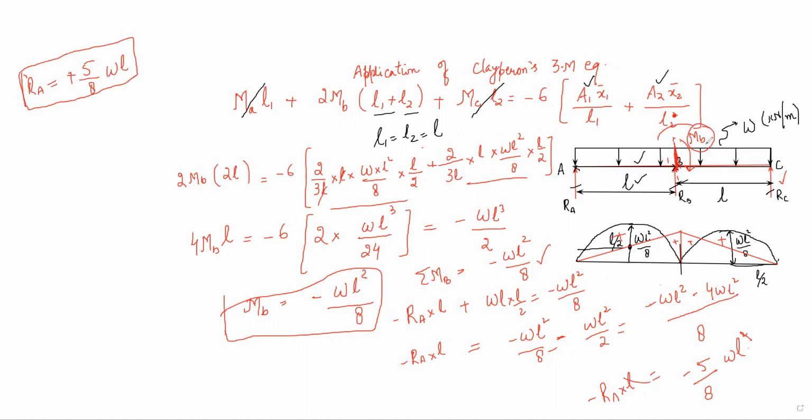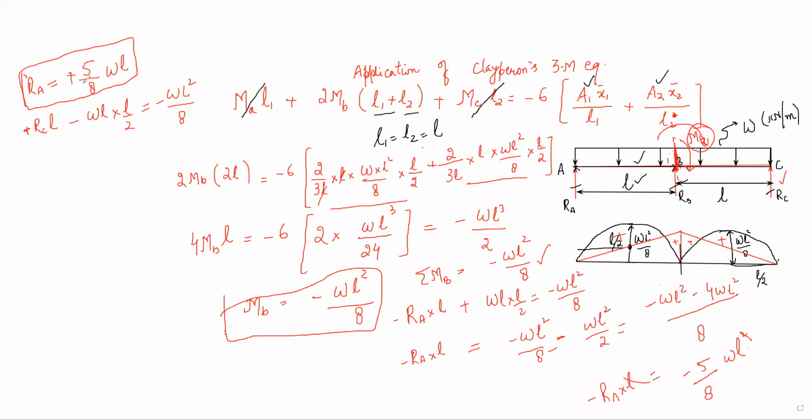Once we take the right section into consideration, the moment there will be the negative of the moment on the left hand side, that is minus WL square by 8. So this is RC into L, because of RC, anti-clockwise moment, positive, minus WL into L by 2, the clockwise moment. Okay, that's why negative, is equal to minus WL square by 2. So once we solve it, we'll again get RC equal to 5 by 8 W into L.